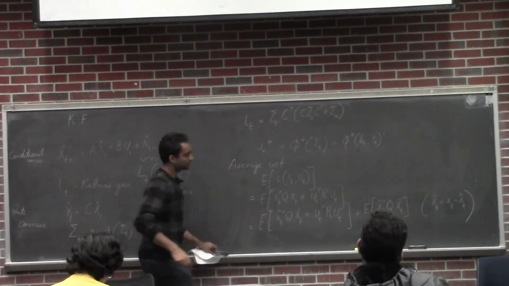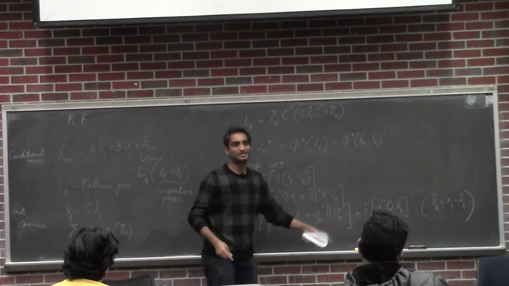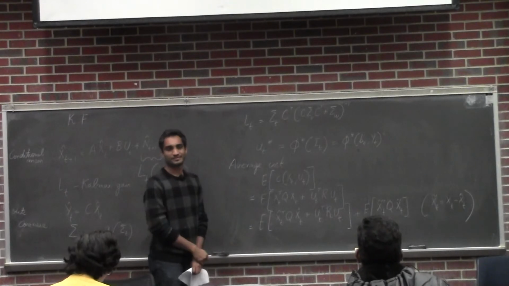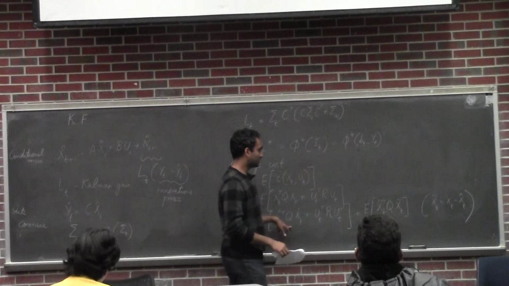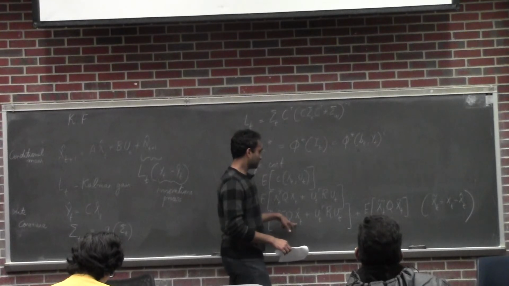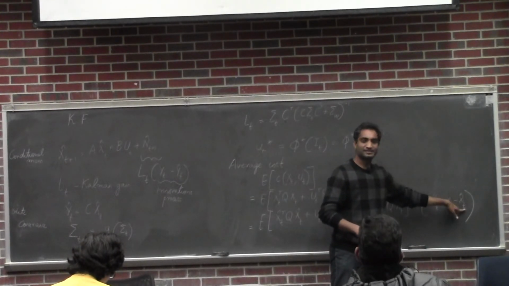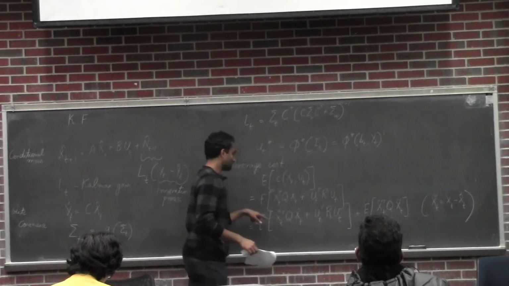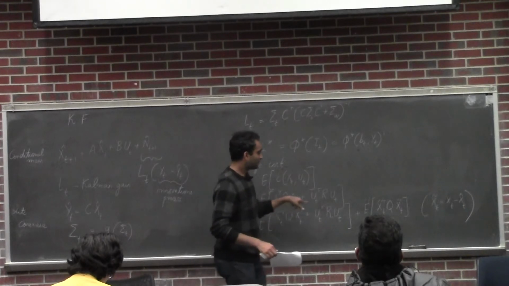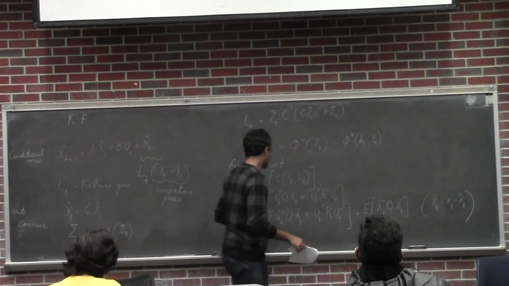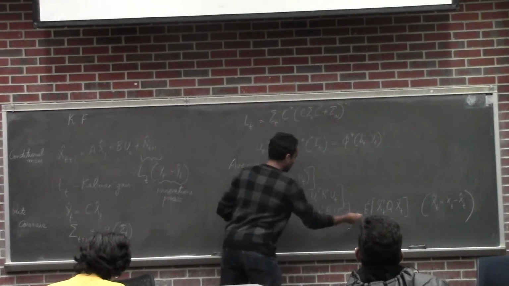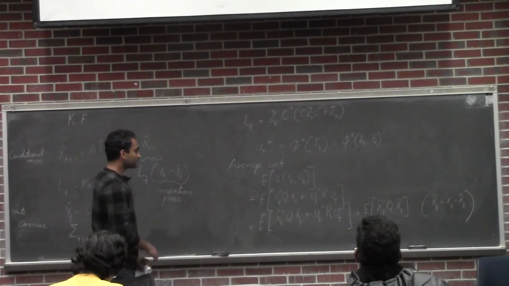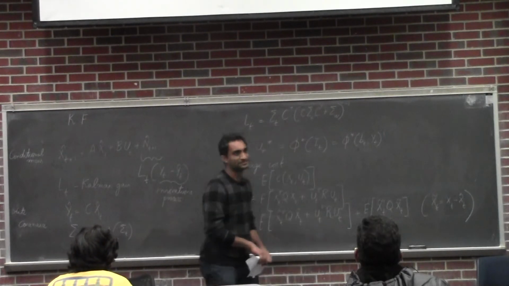Can you understand the last line? Does that look fine? How we got this from this? We just added and subtracted, right? The difference between x_t and x_t hat is what we denote as x_t tilde. So we have x_t hat plus x_t minus x_t hat. If you add these two terms together, you get this, right? The estimate plus the error.